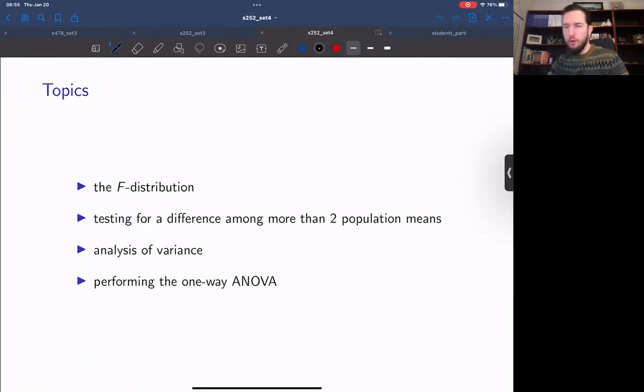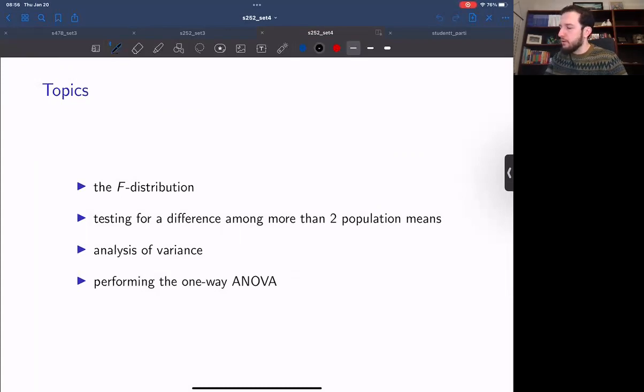So if you haven't seen one-way ANOVA before, it's perfectly fine. You're not going to be behind. We're going to go through all the steps of the process. We're going to look at examples of it, and we're going to talk about the rationale for it regardless. If you have seen it before, some of this might be a little bit of extra review, but we don't cover ANOVA in a ton of detail at the end of 151. So even if it is a little bit of review, it's probably going to be beneficial.